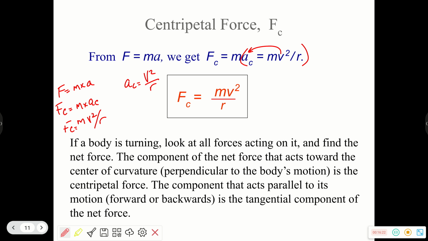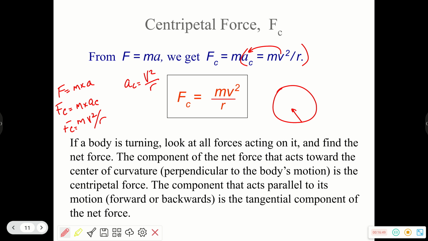So if a body is turning, you have to look at all of the forces acting upon it and find that net force. We talked about that when we did free body diagrams. The component of the net force that acts towards the center of the curvature, or perpendicular to the body's motion, is the centripetal force. Anything pointing in, that's going to be your centripetal force.